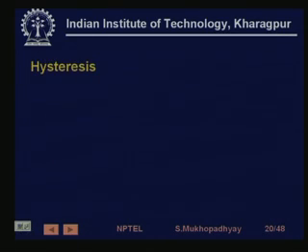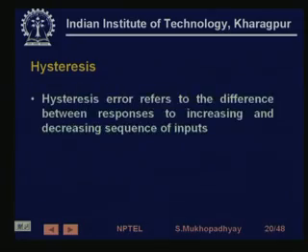Similarly, sometimes we have hysteresis in instruments. If we have an increasing sequence of input values, say we increase the input from 0 to 10 degree centigrade, 20 degree centigrade, 30 degree centigrade, then we get one set of readings, while if we have a decreasing set of values, then we get another set of readings, and these readings are distinctly different.